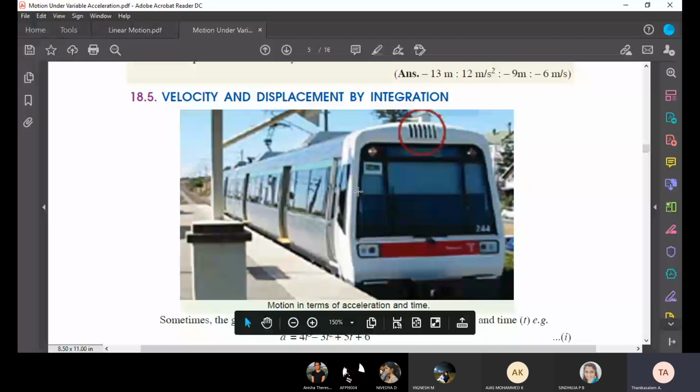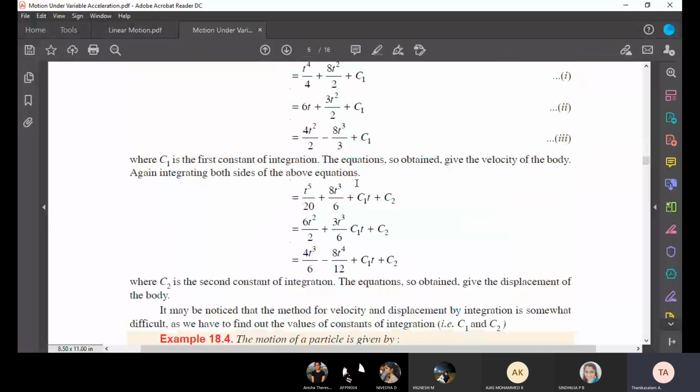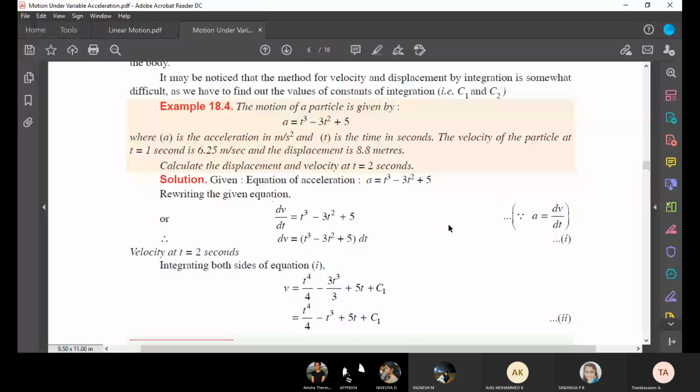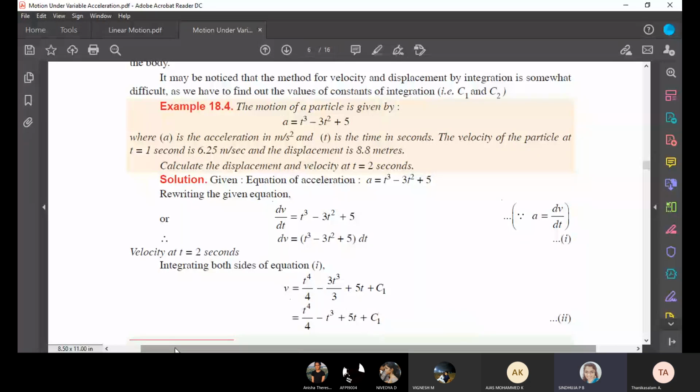Now some integration method, if you want to solve some problems. So this integration method. Read this question. The motion of a particle is given by a equal to t cubed minus 3t squared plus 5, where a is the acceleration in meters per second squared and t is the time in seconds.